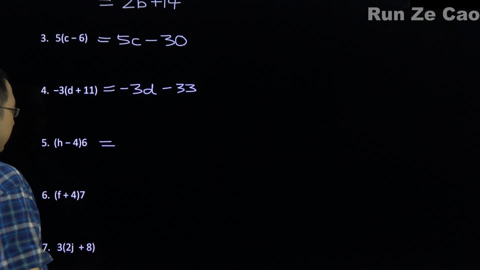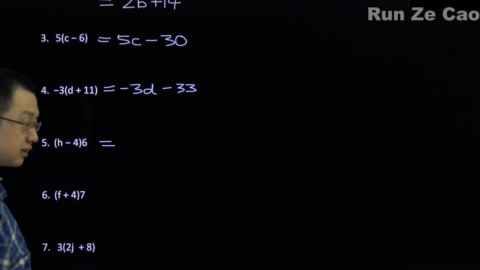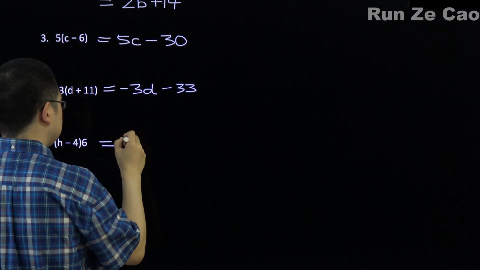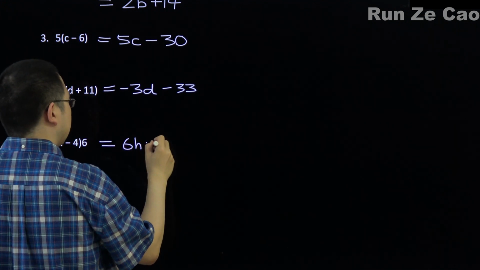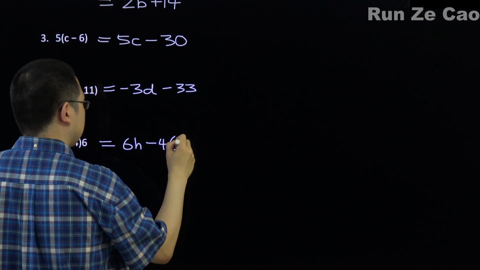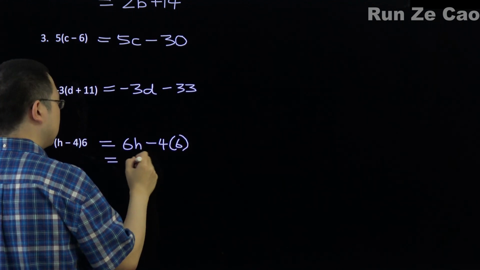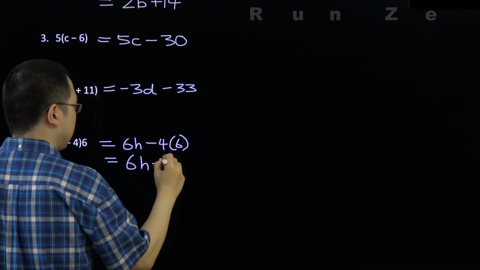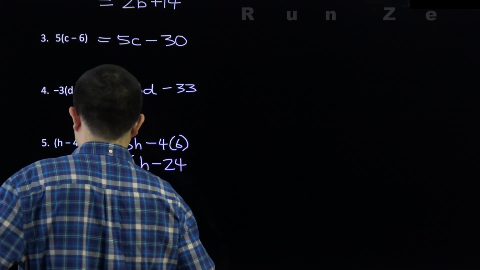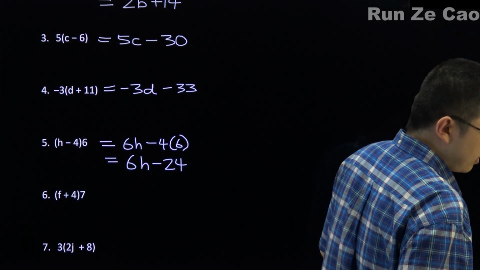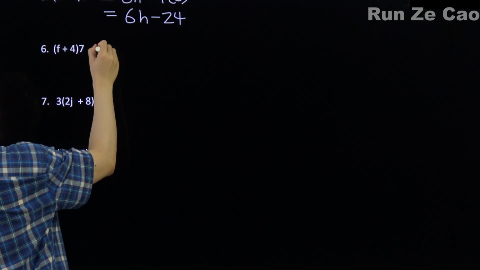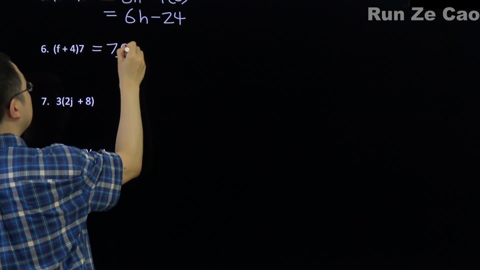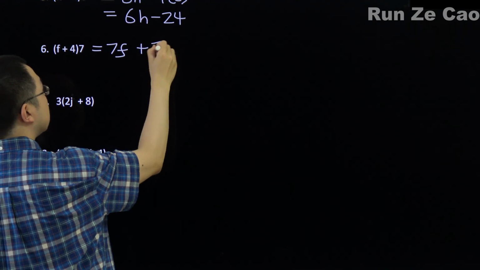So (h minus 4) multiplied by 6 is going to end up with h times 6, or 6h, minus 4 times 6. So 6h minus 24. (f plus 4) times 7. Well, that's going to be 7f plus 4 times 7, which is 28.